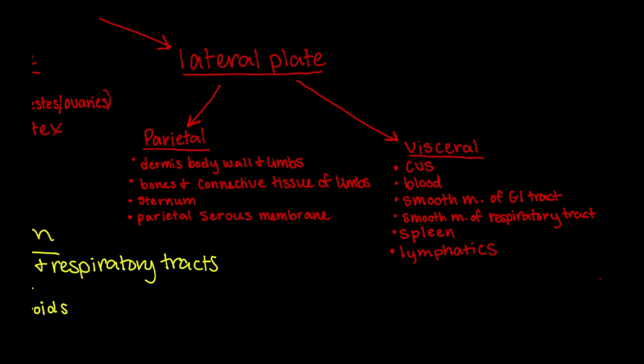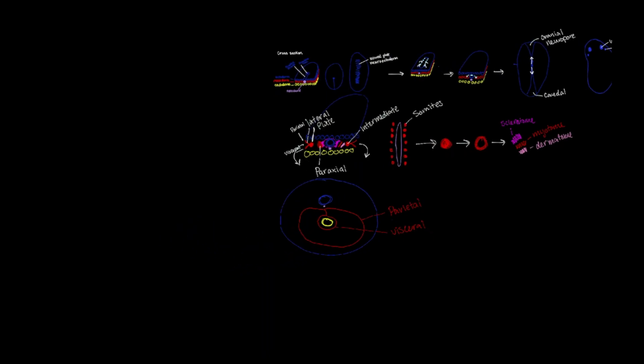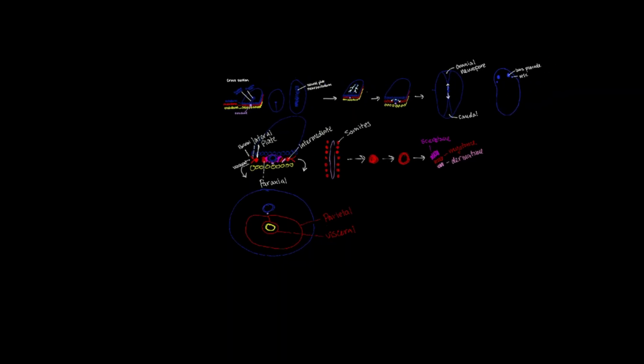The visceral layer will form the cardiovascular system, blood cells, smooth muscle of the gastrointestinal tract and the respiratory tract, as well as the spleen and lymphatics. So that covers our discussion on the mesoderm.